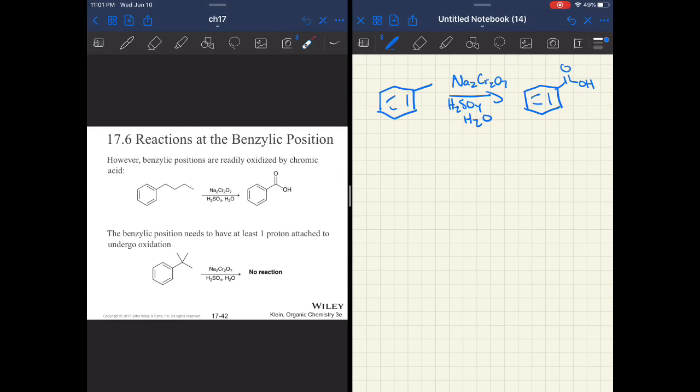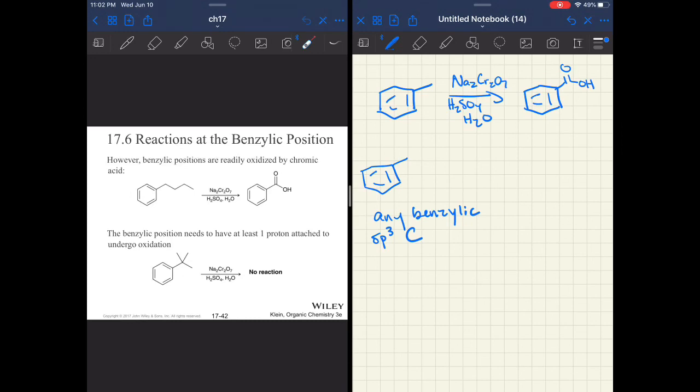And what's even cooler is it doesn't have to be a methyl. It can be any R group as long as there's one hydrogen on it. All right, so any benzylic sp3 carbon, right? So if you bring double bonds into this, all bets are off. Carbonyls, all bets are off.